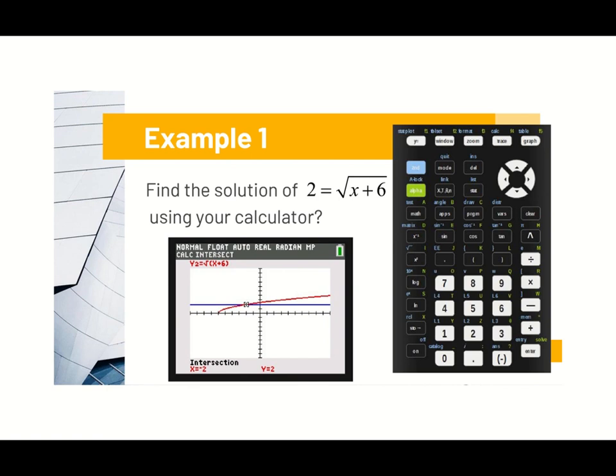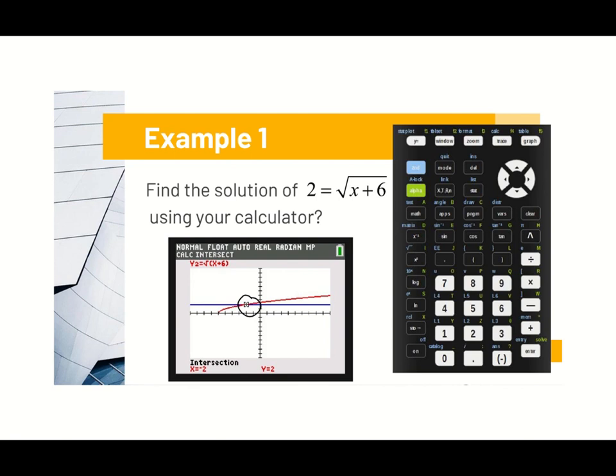After you hit enter 3 times, it should tell you intersection -2, 2. So our exact intersection point is where our cursor is at -2, 2.